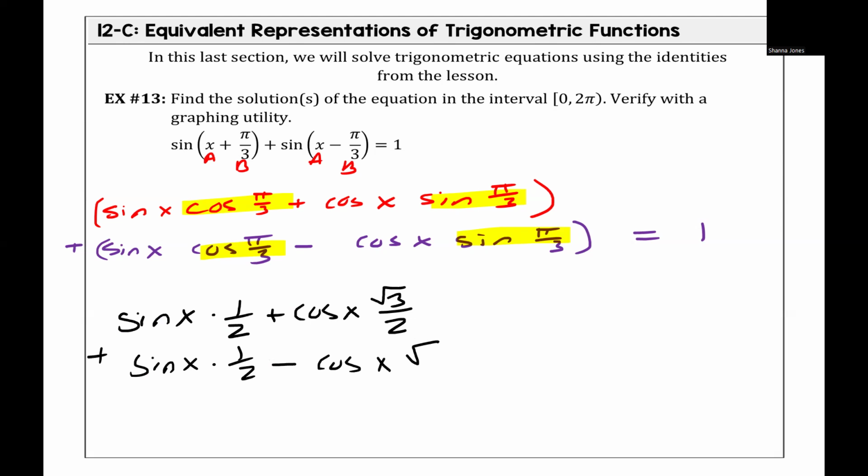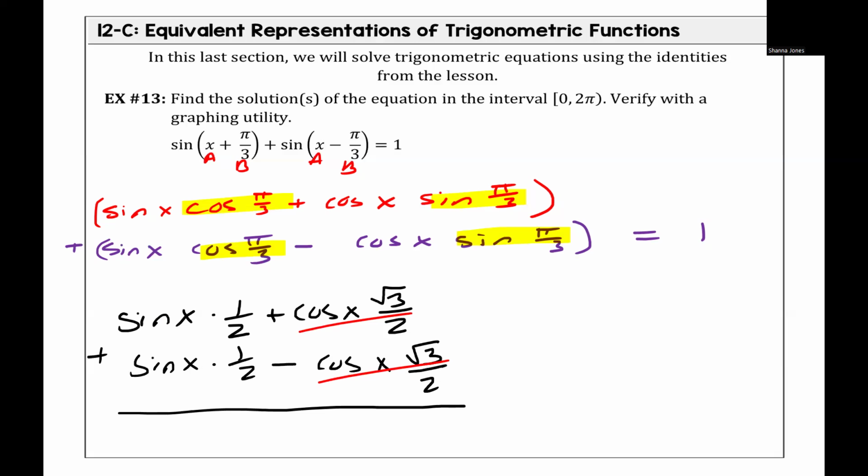And sine of pi over 3 is square root of 3 over 2. I'm writing it like this on purpose so that you can see what happens. I have a plus and minus of exactly the same thing. What are they going to do? They cancel out. I have a plus cosine x of square root of 3 over 2, and I have a minus cosine x of square root of 3 over 2. So they are opposites, so they're going to cancel out.